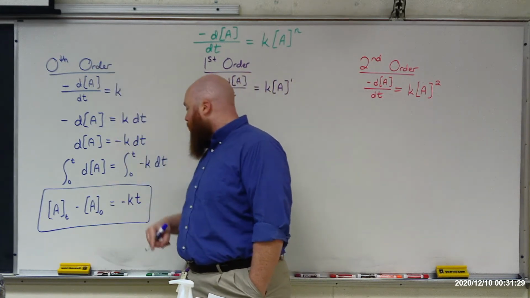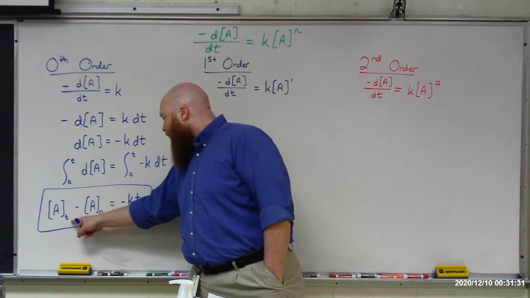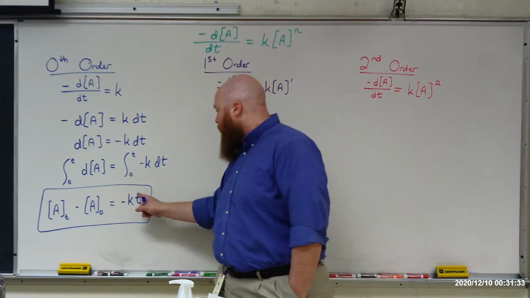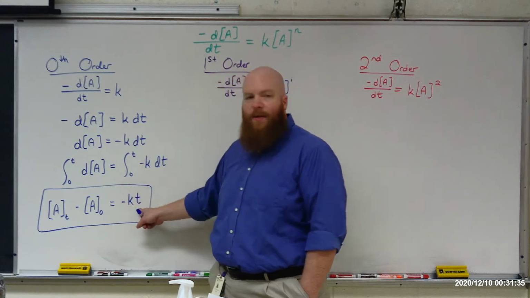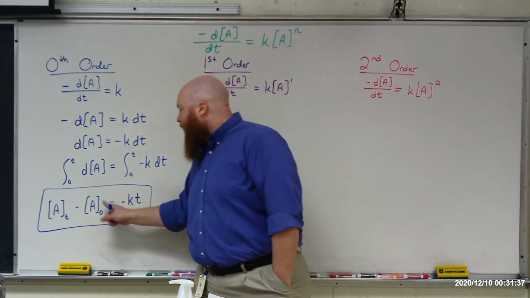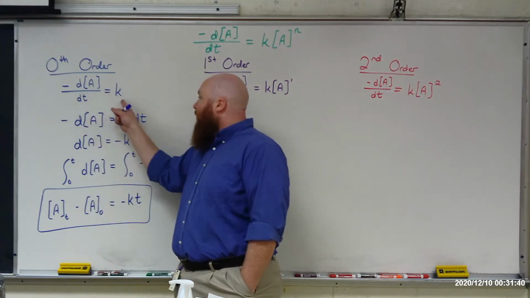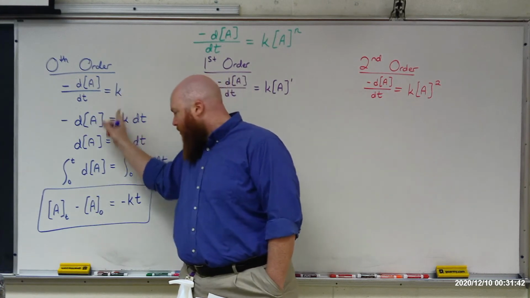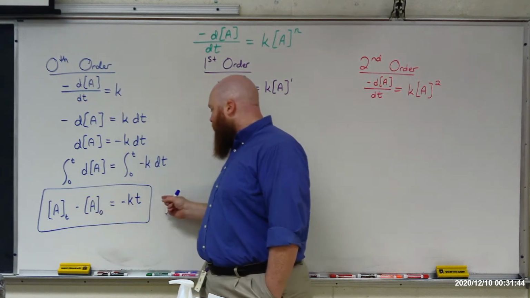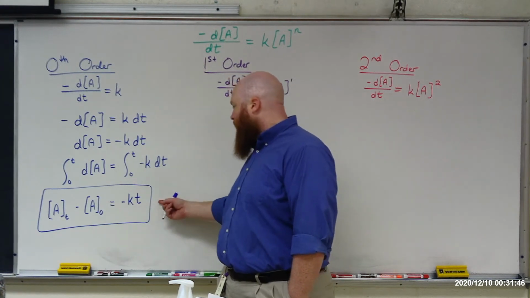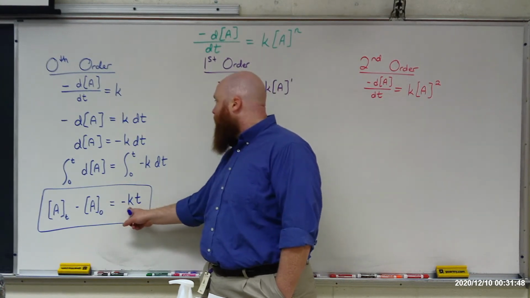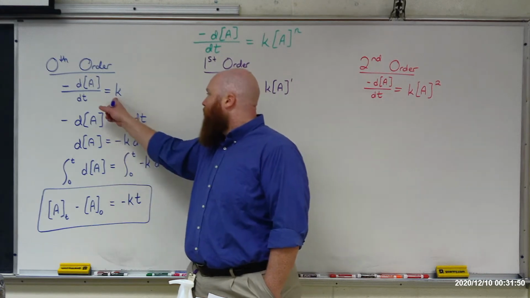It's a 0th order reaction. So the change here is simply equal to the rate constant times how much time has passed. And that rate of change is equal to the rate constant. If I were to go ahead and differentiate this again, I would find that the rate of change of this is simply k. And that's what we had here.